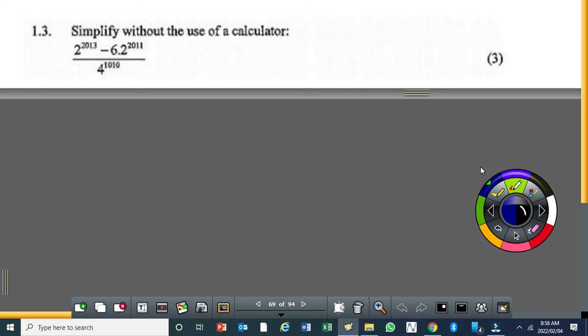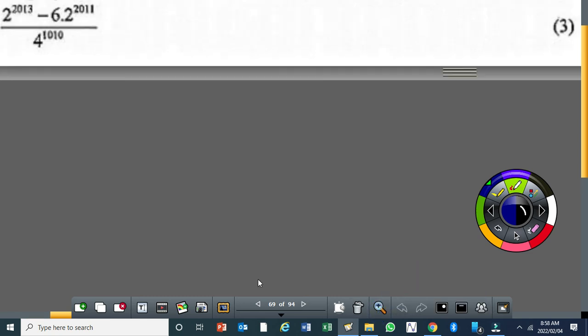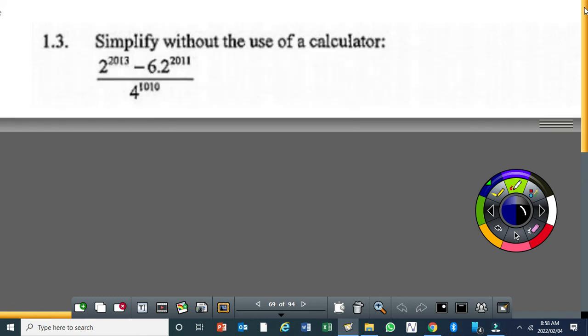Can you simplify that? Okay, this is 2 to the power of 2013 minus 6 times 2 to the power of 2011 over 4 to the power of 1010. So simplify that using your knowledge of exponent.